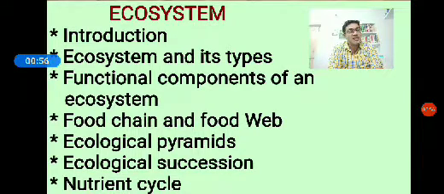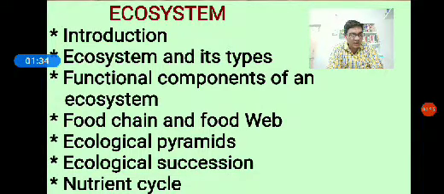The study of living and non-living components in an environment in a particular area is called an ecosystem. Odum, an ecologist, defined ecology as the study of interrelationship between organism and environment.